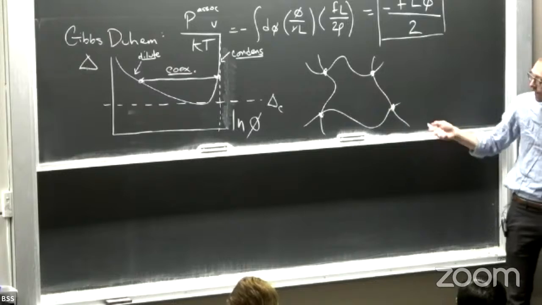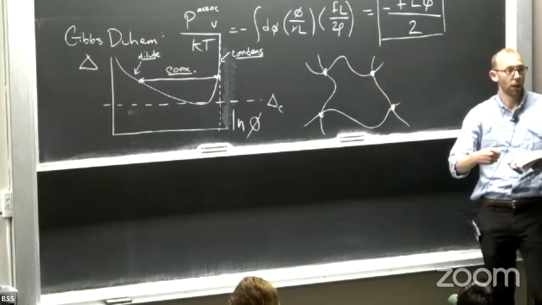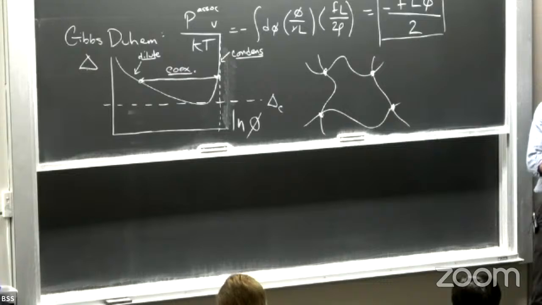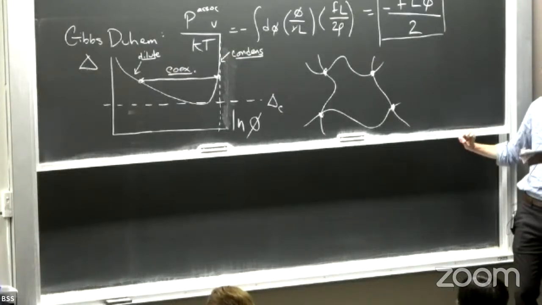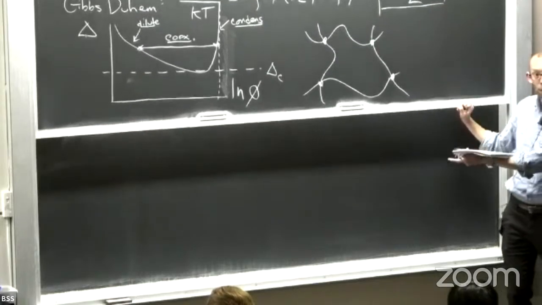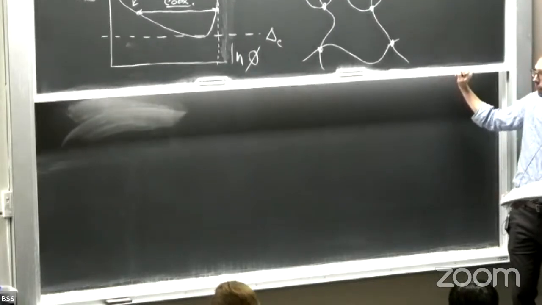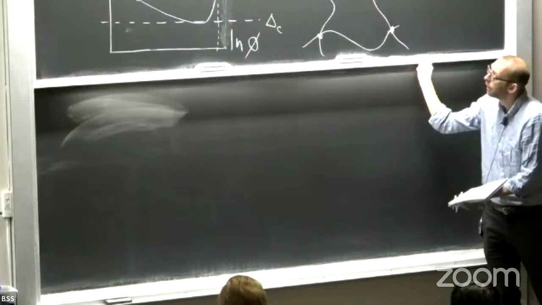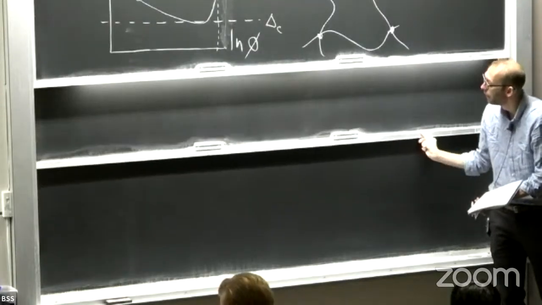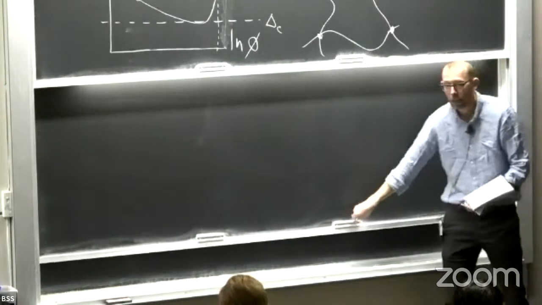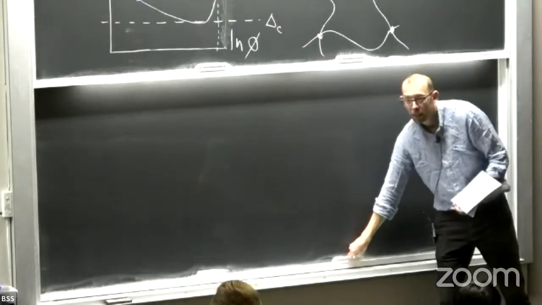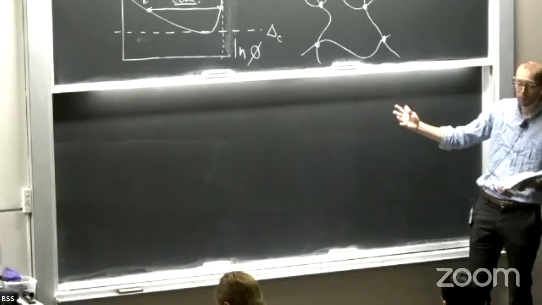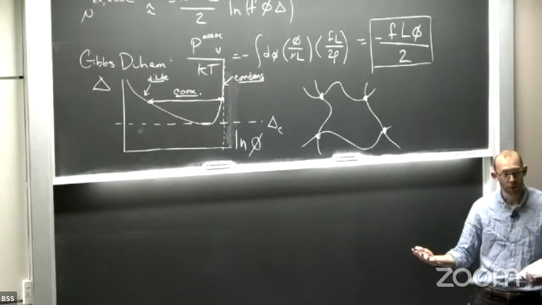Another possibility is that you can form intramolecular bonds, and I will come back to that in just a second. Because there's one more thing I'd like to say about this plot before we move on. And that is that so far we've been focused on phase separation, meaning equal chemical potentials, equal pressures between our two phases.